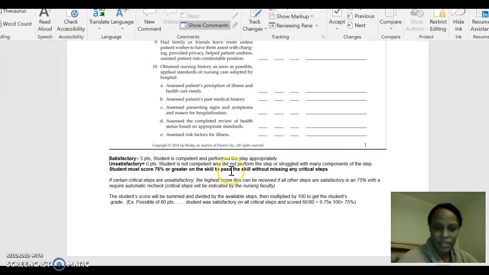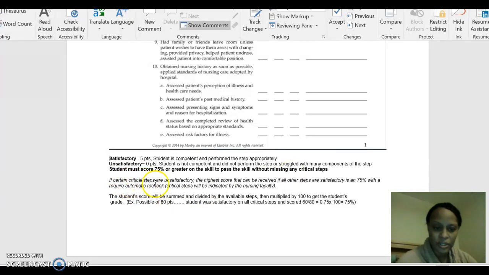And it says the student is not competent and did not perform the step or struggled with many components of the step. The other thing is the student must score 75% or greater in order to pass the skill without missing a critical step.